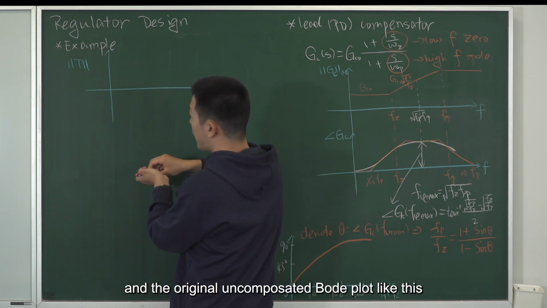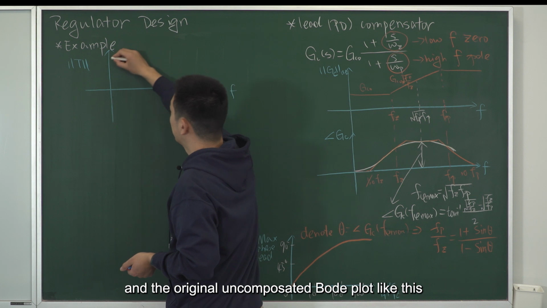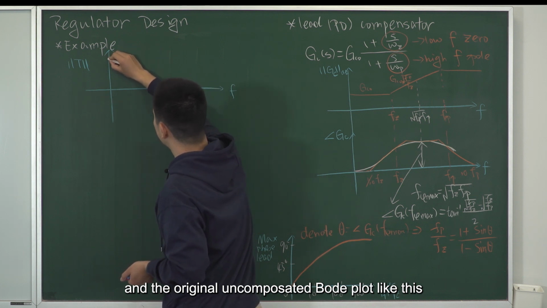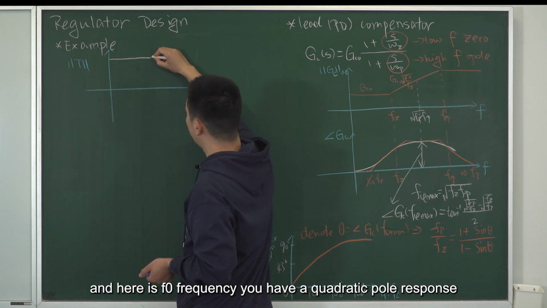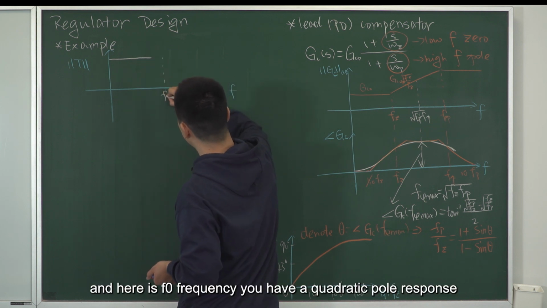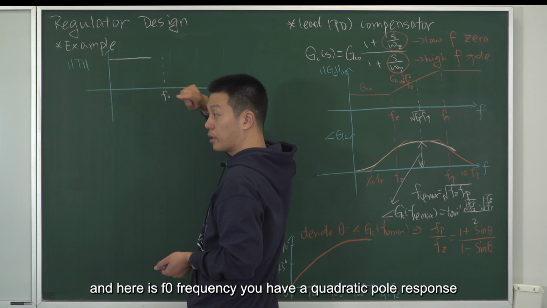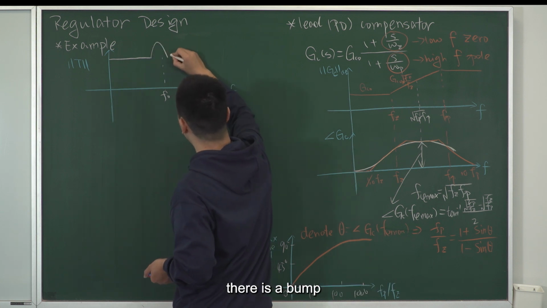The original uncompensated Bode plot looks like this. Initially it's flat, and here at this F0 frequency, we have a quadratic pole response, so there is a bump.